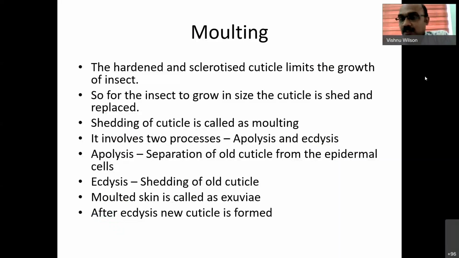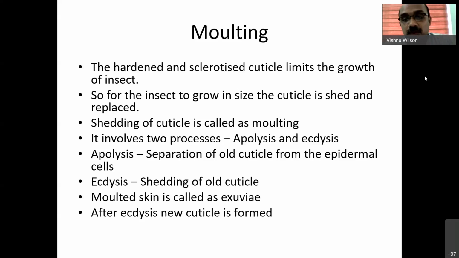So the last three classes, actually two classes together I took. The first class we discussed in general about insects, its relationship with its phylum, other members of the phylum Arthropoda. Then we discussed a bit about the history of entomology. Slowly we moved on to the reasons for dominance, why insects are so dominant in our universe.